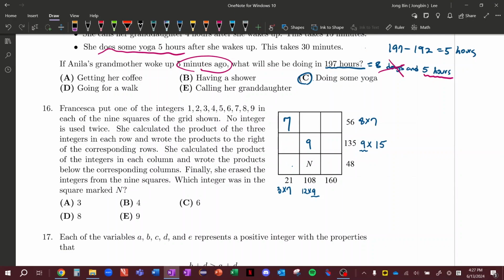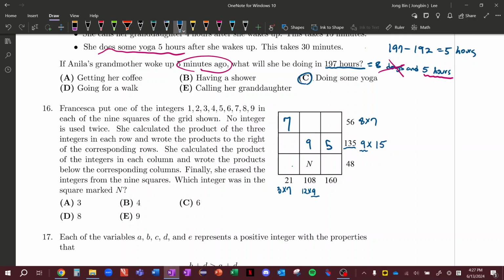another thing that I find is that 135 has 5 as its divisor, and 160 also gets divided by 5, and that's the only common factor of 5 there, so I think the 5 should also go here.